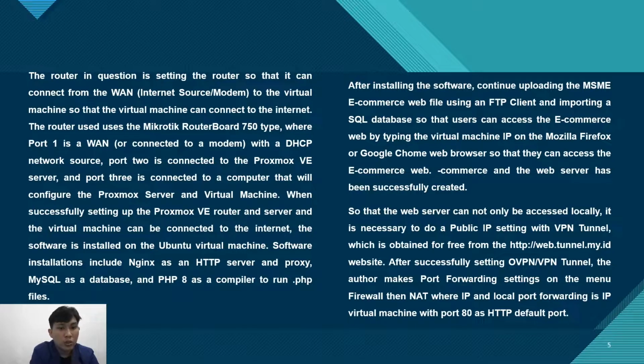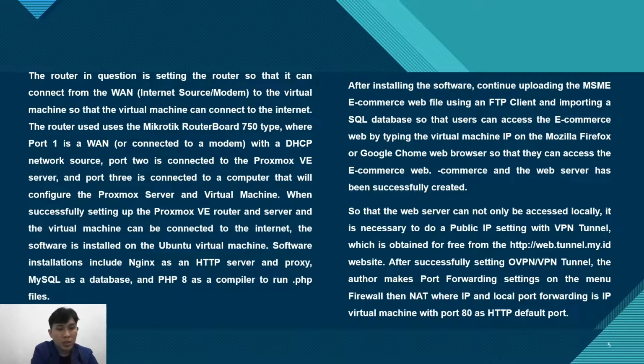Port 2 is connected to the Proxmox virtual environment server, and port 3 is connected to a computer that will configure the Proxmox server and virtual machine. When the Proxmox virtual environment router and server are successfully set up, and the virtual machine can be connected to the internet, the software is installed on the Ubuntu virtual machine.